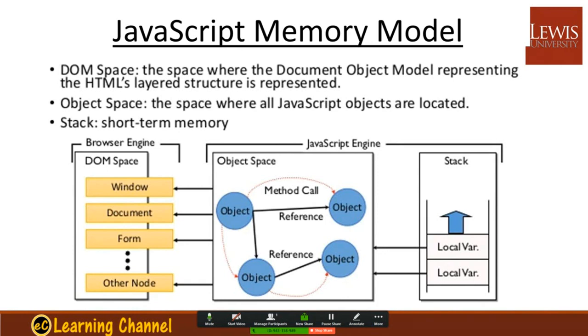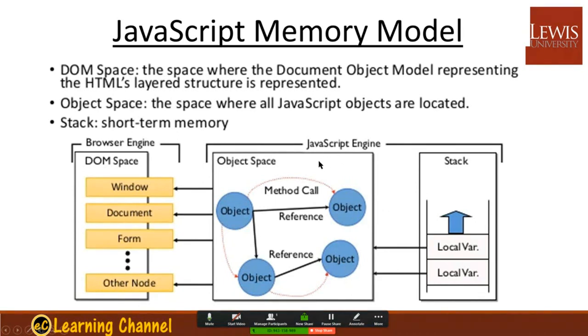And then you have the JavaScript engine that is for the JavaScript program. So you have the object space, and that holds the objects created by the JavaScript language. And you also have a separate stack, and these different functions and the stack will be operated by the event loop.